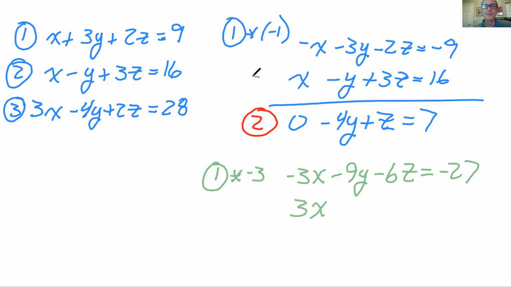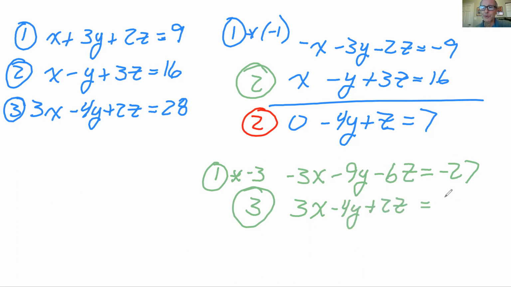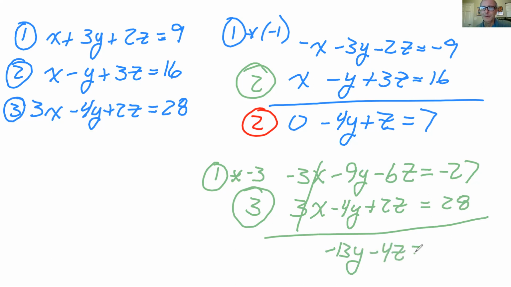So we bring down equation 3. Let me just label this. This was equation 2. So this is equation 3. So it'd be 3x minus 4y plus 2z equals 28. So again, we'll do our addition. These two cancel. And so we'd get minus 13y, and then minus 6 plus 2 is minus 4z, and minus 27 plus 28 would give us 1.